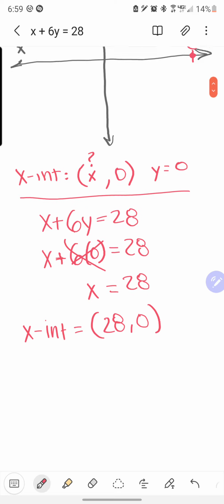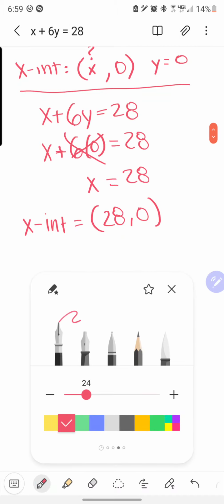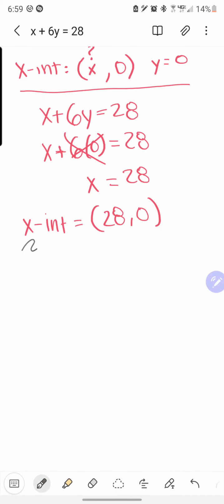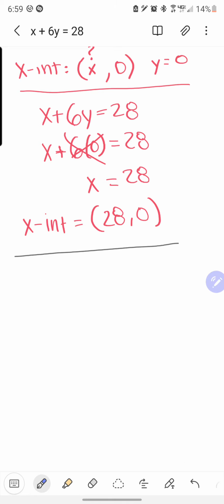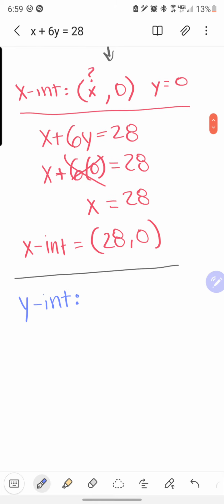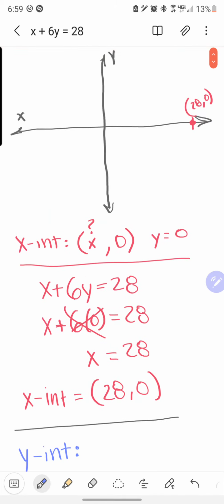Now we're going to find our y-intercept. Let's slice this in half so we can do this. We're going to put the y in blue. What we do know with the y-intercept, we have to switch it around. The y-intercept is any value that lies on the y-axis, but we don't know the y value.